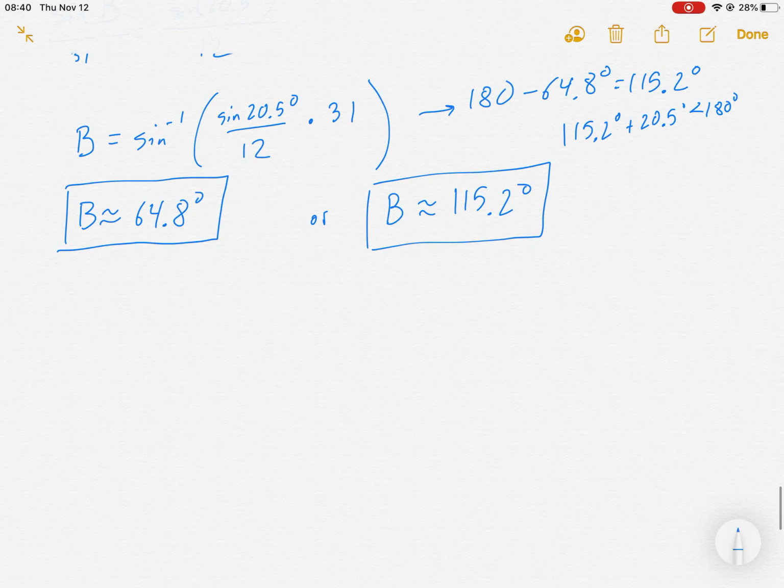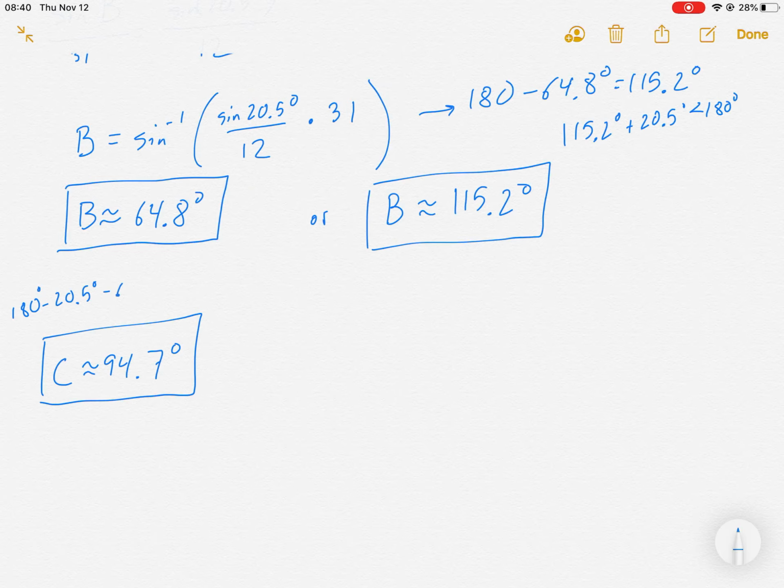Okay, so let's go through the process now. Using this, the sum has to equal 180. We end up with C approximately 94.7 degrees. So in this case, I did 180 minus 20.5 degrees, and then minus the 64.8 degrees.